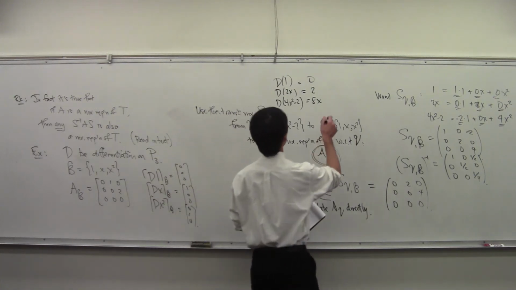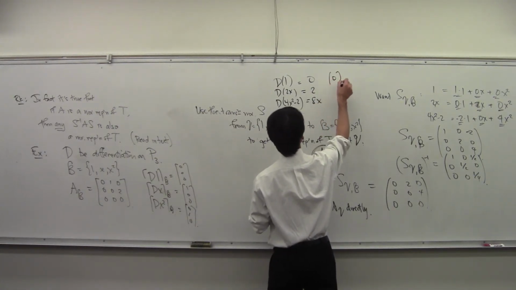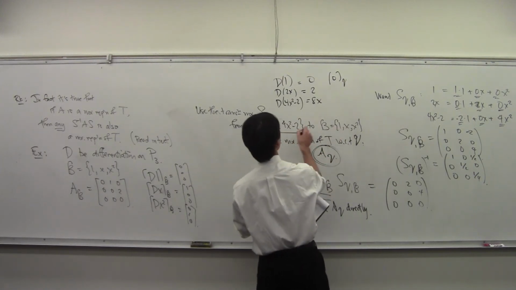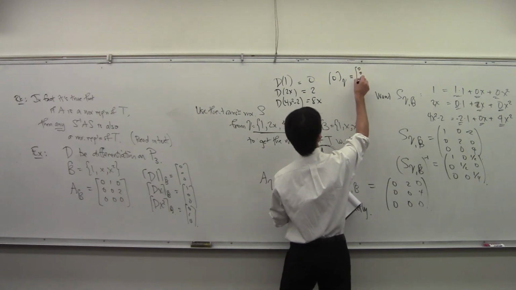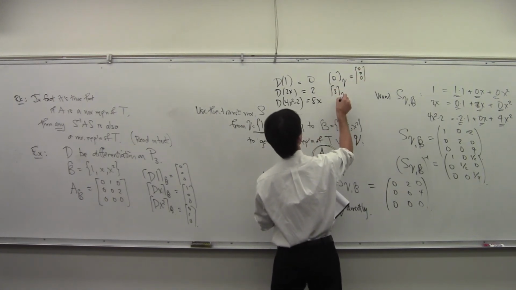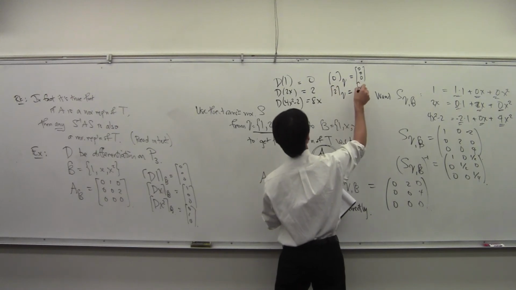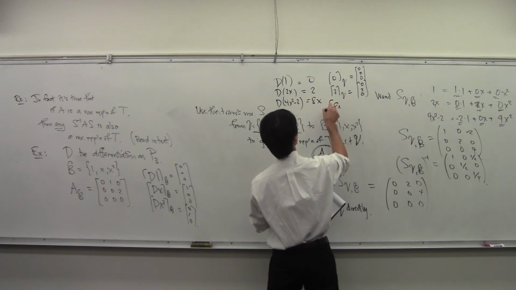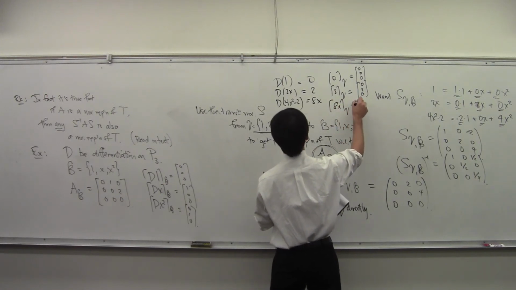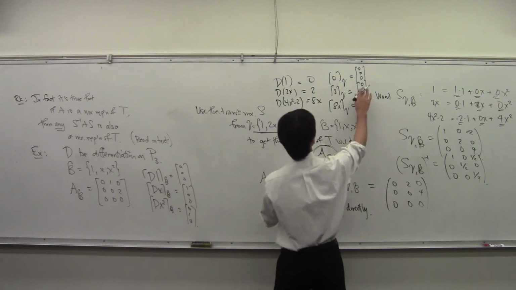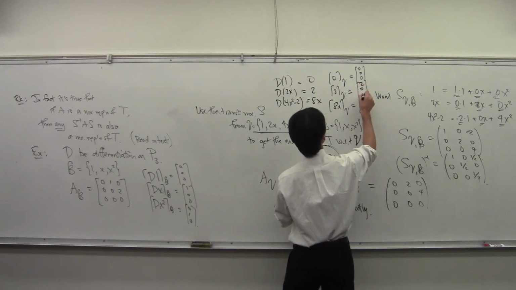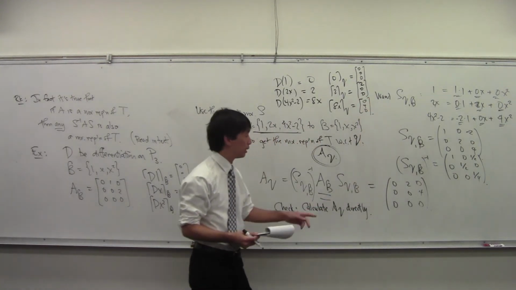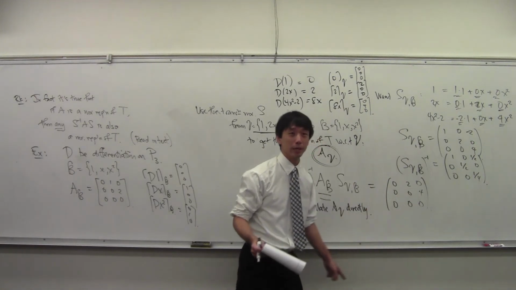And you see that if you take 0 and express it with respect to the B basis, you get 0, 0, 0. If you take 2 with respect to the B basis, it's going to be 2, 0, 0, and 8x is going to be 0, 4, 0, right? And those are the columns that we got here.